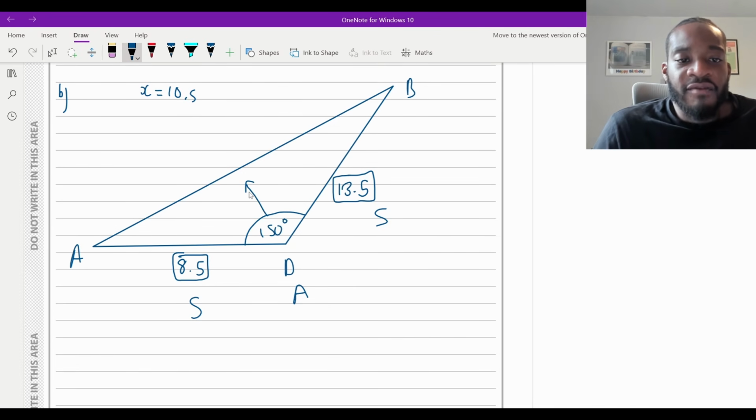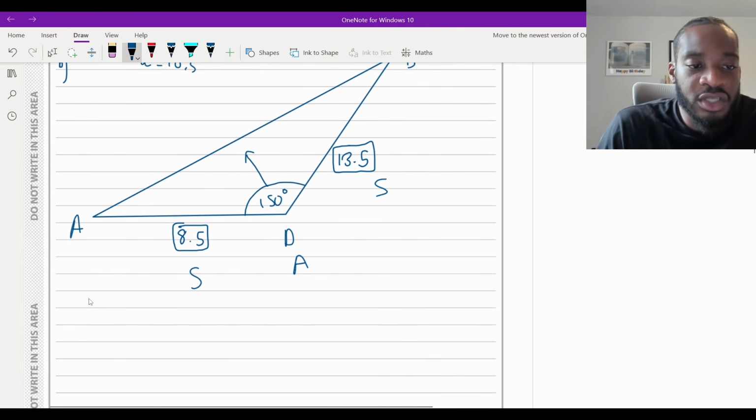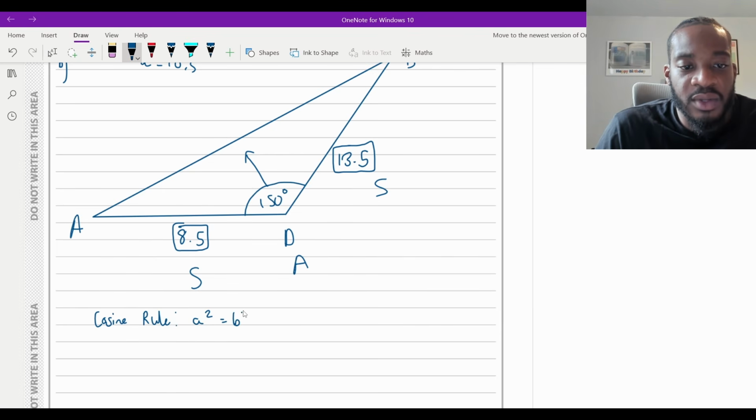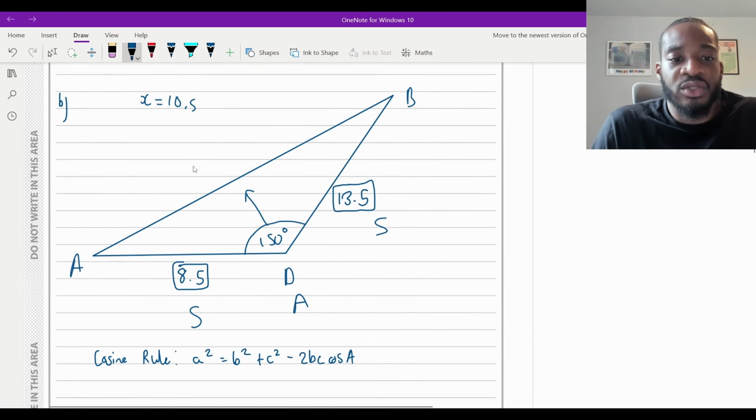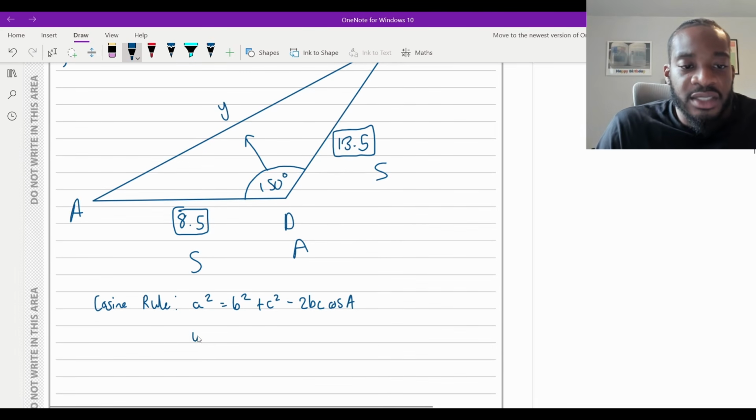So because I've got two sides and the angle in between, I can use the cosine rule. So the cosine rule, we know, is a squared is equal to b squared plus c squared minus 2bc cos a. So all you need to know is that your a is going to be this side here. Let's just call this side y. The side that we're looking for is y. So we're going to put y squared here.